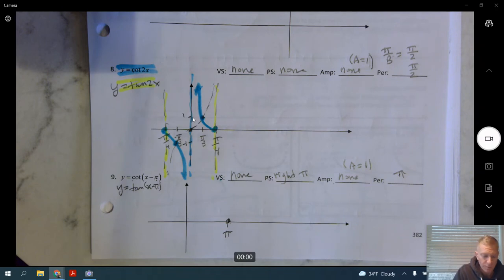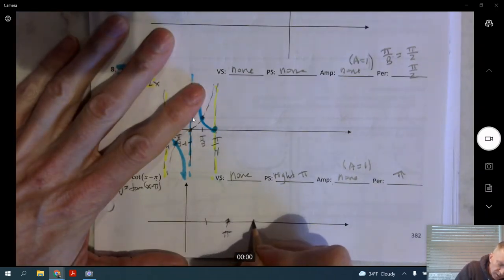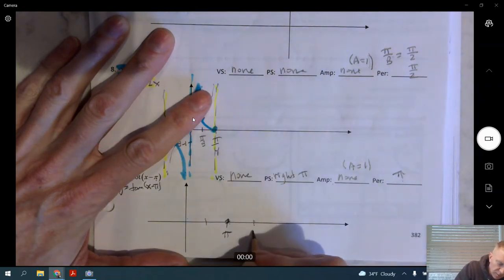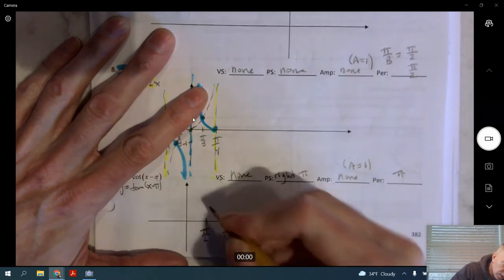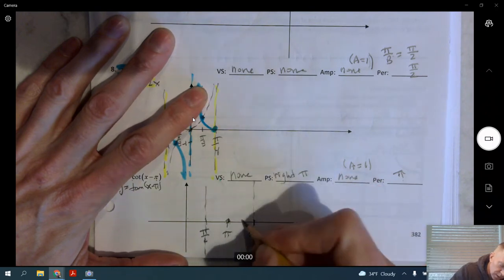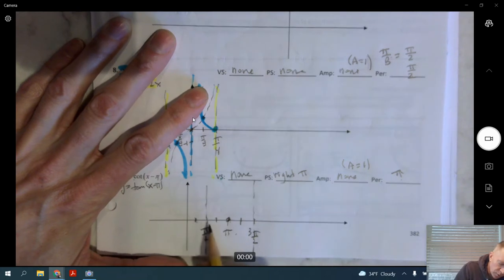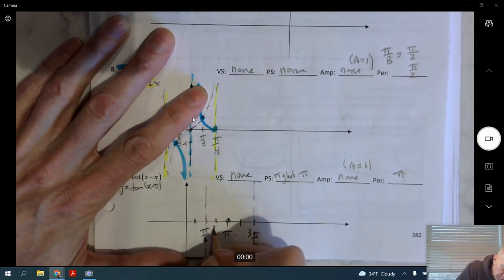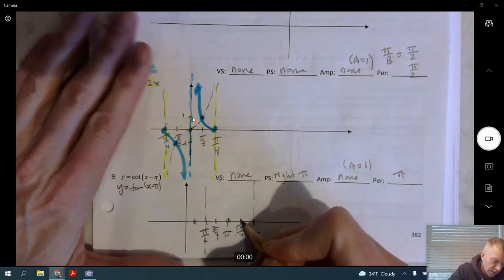Now I'm going to go half of my period to the right, half of my period to the left. The period's pi, so half of that would be pi over 2. If I go pi over 2 to the right, I'm at 3 pi over 2. Pi over 2 to the left, I'm at pi over 2. Those are now my asymptotes. And at the quarter marks, that would be 1 pi over 4, 2 pi over 4, this would be 3 pi over 4, 4 pi over 4, and this would be 5 pi over 4.